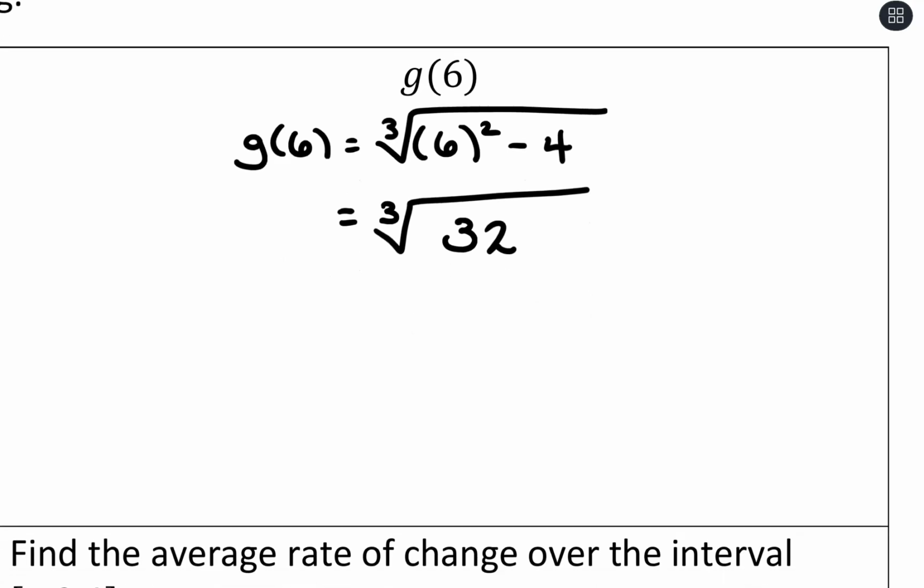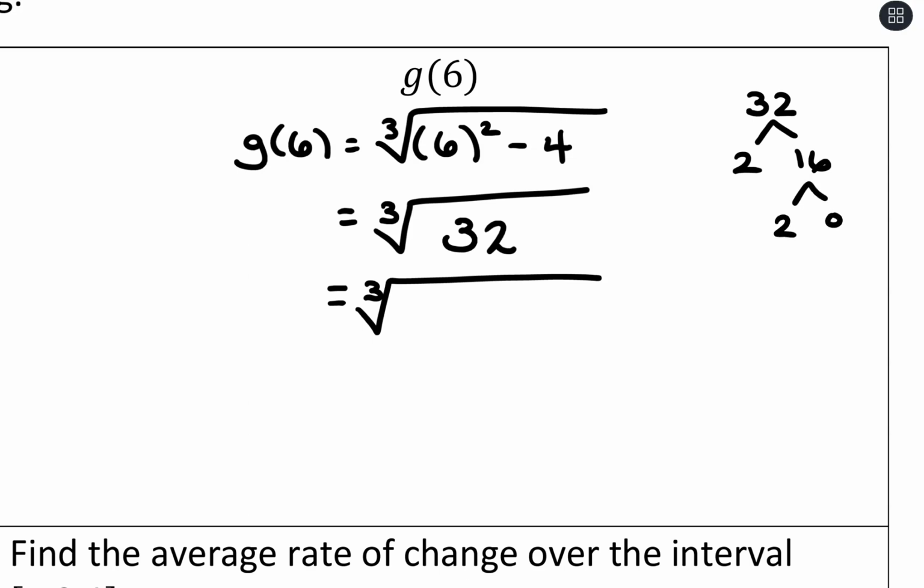You know, when I start stumbling, I just start breaking it down into the prime factorization. It's like 32 is made up of a 2 and a 16, which is made up of a 2 and 8, which is made up of a 2 and 4, which is made up of a 2 and 2. So let's see, we have a combination of 1, 2, 3, 4, 5 2's multiplying with each other.